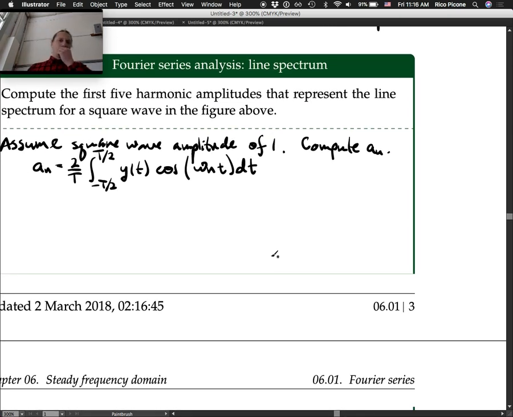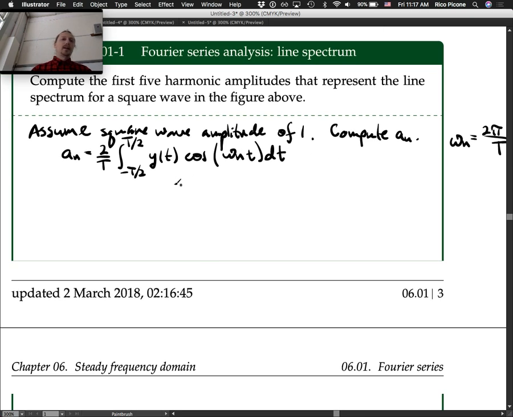So our omega n, of course, is just 2 pi n over T, right? So here's our an.